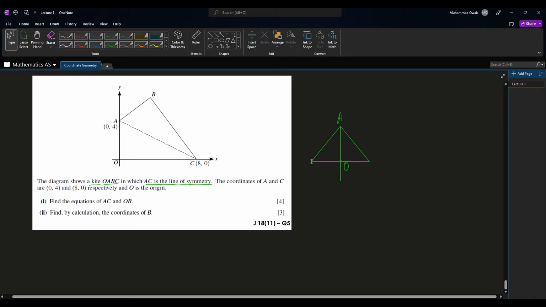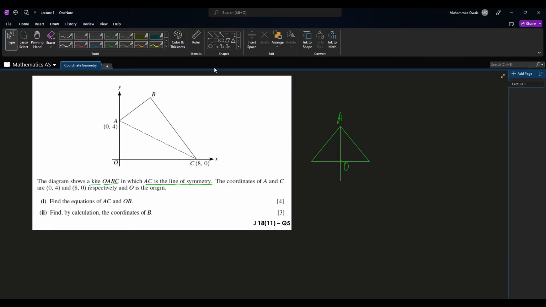Basically, the distance from here to O will be the same as the distance from O to this point. This means that AO is a line of symmetry cutting a diagram into two equal parts.